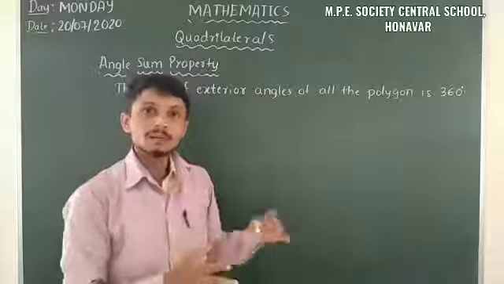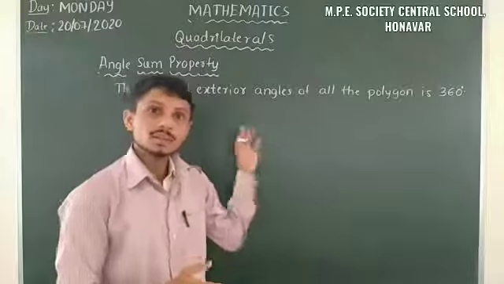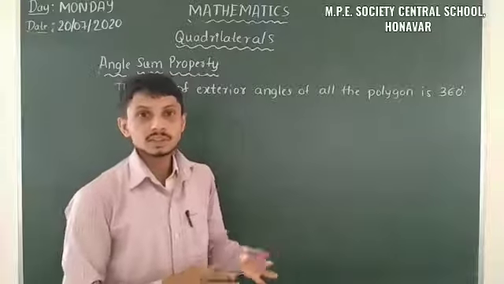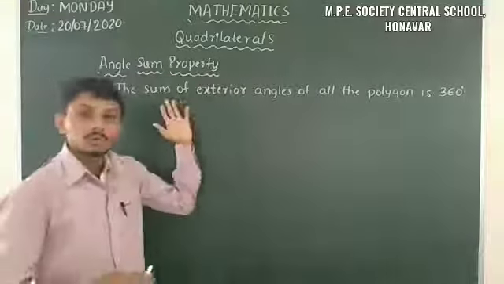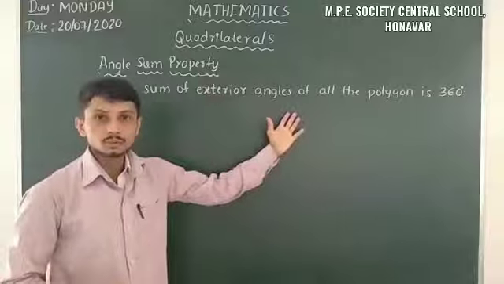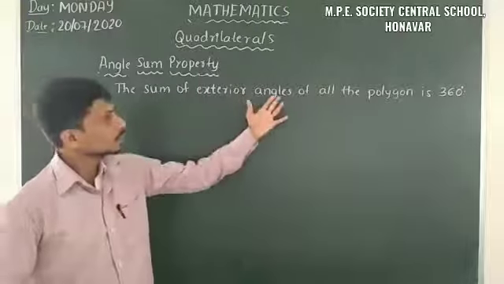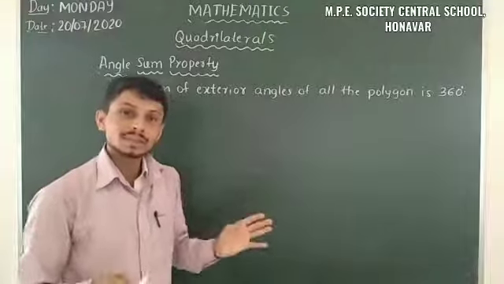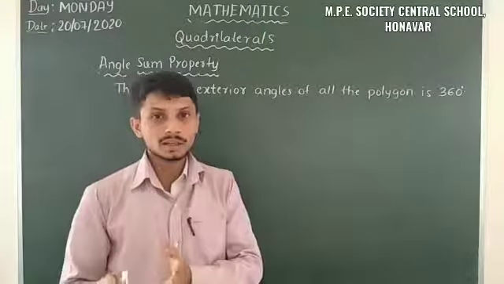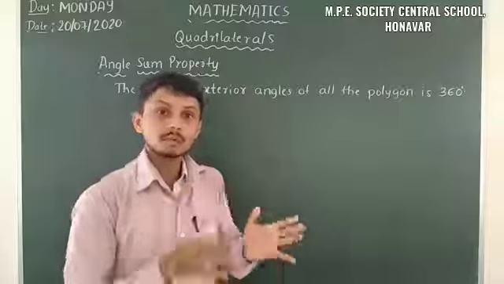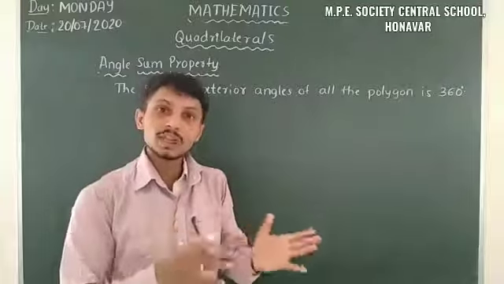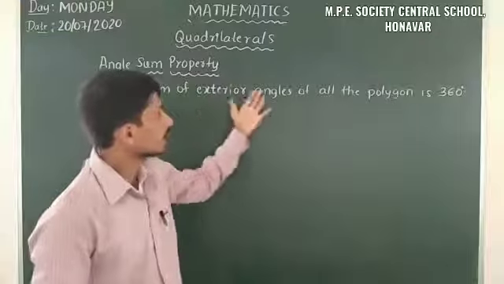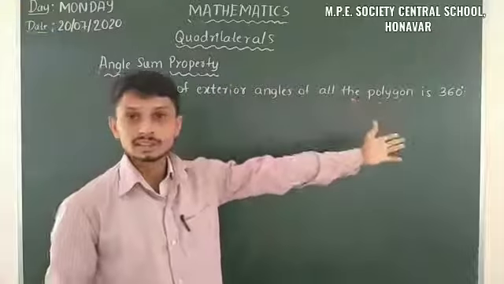So here we also prove that the sum of exterior angles of all the polygons is 360 degree. Here the known term is that the sum of internal angles of a quadrilateral is 360 degree. With the help of this statement, we have to prove the sum of exterior angles of all the polygons is 360 degree.